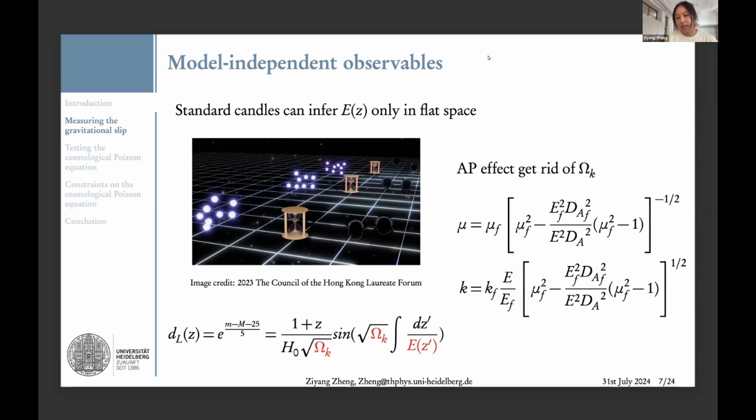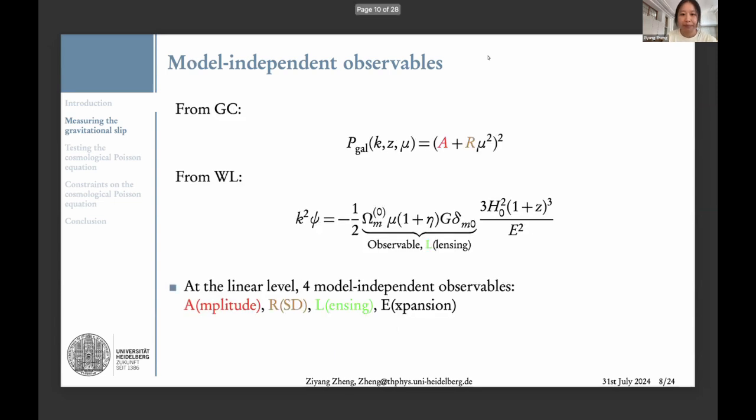And the only assumption is essentially the cosmological principle, without any assumptions on the spatial curvature. Furthermore, from this AP effect, you are able to infer the expansion rate E and also the angular diameter distance in a fully model-independent way.